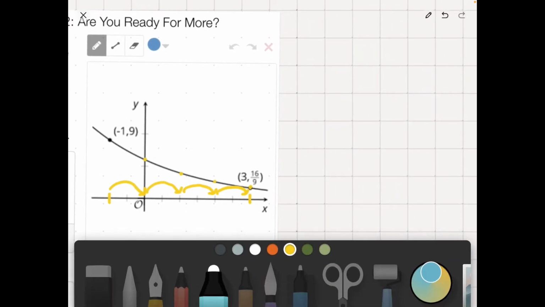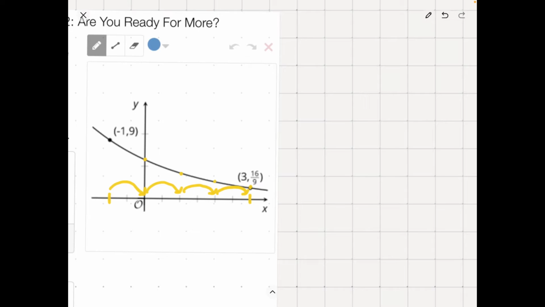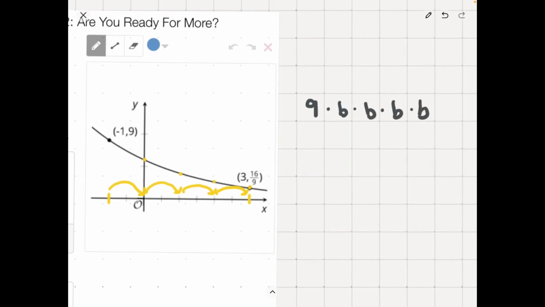Okay? And so let's really understand what's happening. So my starting place, we don't know where the y-intercept is, but we know that if you're starting at -1, 9, if you're starting at 9 and you multiply by the growth factor 4 times, that will get you to that other point on the other side, 16 over 9.